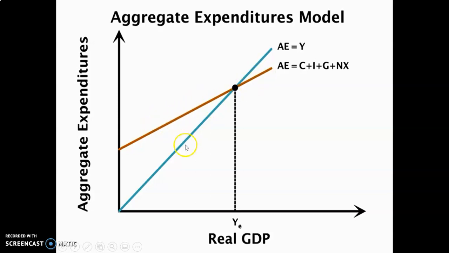This line is flatter than this line. And we're going to see this in a little more detail in the third video, where we use marginal propensity to consume, which is the slope of this line, to get a spending multiplier. And what that's going to mean is also going to become clear in the next video. But for now, this is the Keynesian cross, also known as our aggregate expenditures model.